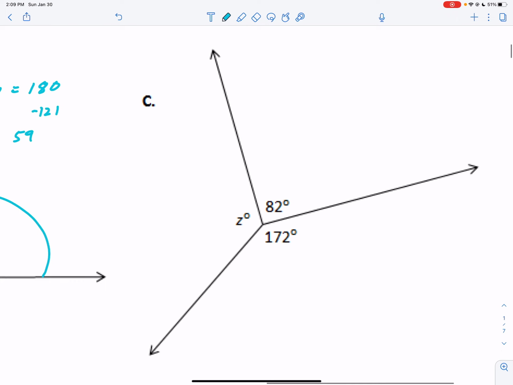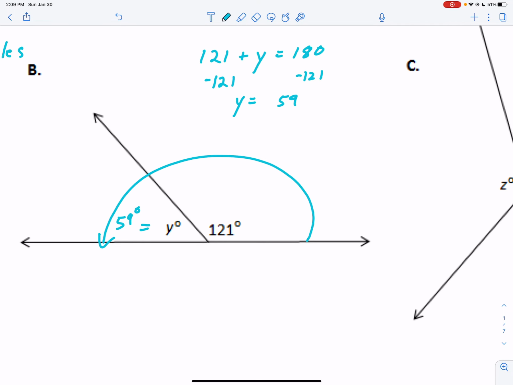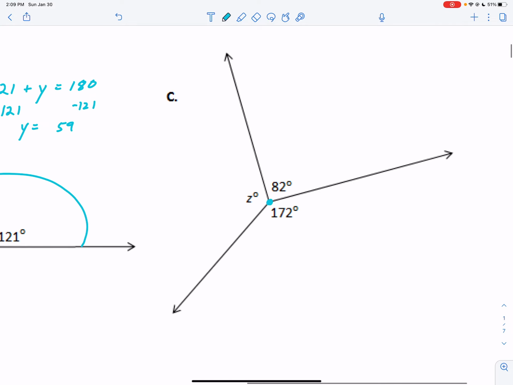Now, what's cool about this, and it still applies to that whole supplementary angle thing, that's not a separate property. That all comes from the fact that if we were to have a bunch of different rays or line segments or lines coming from a given point, and we start right here and go all the way around, well, we went all the way around a circle, which means that all of those angles, however many there are, have to add up to be 360 degrees.